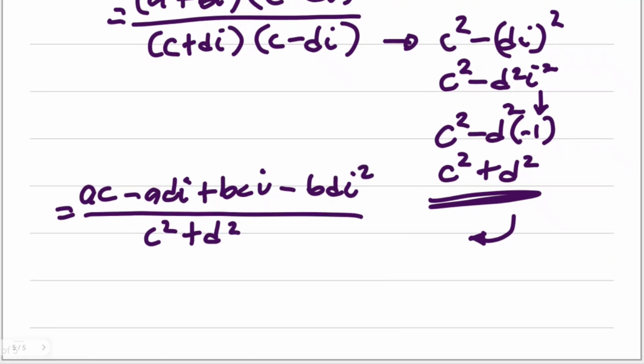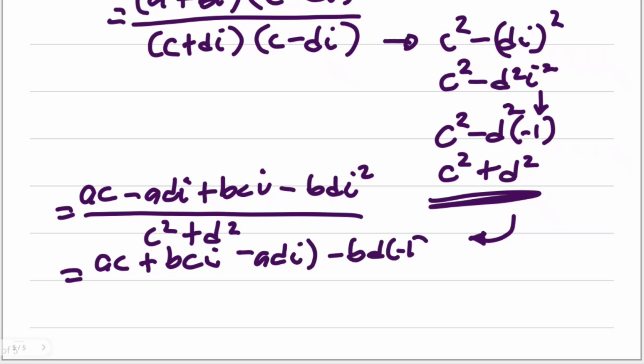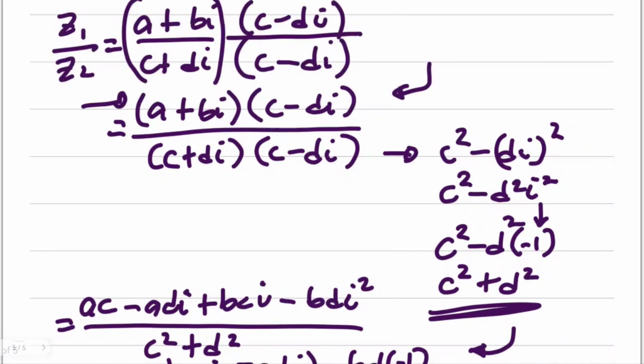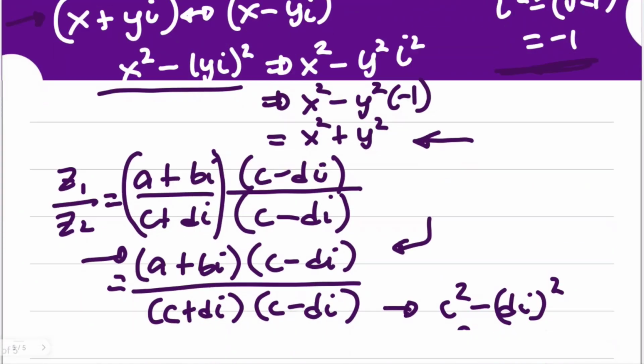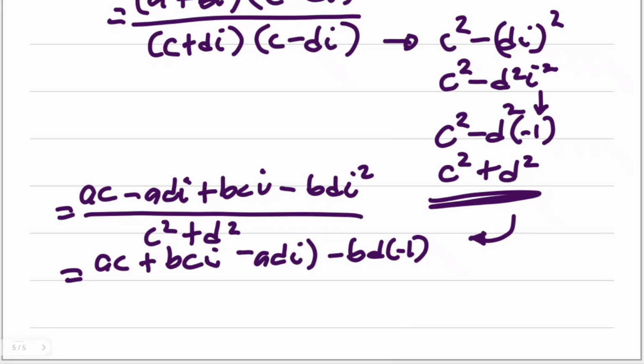So you will have ac. I'm just going to rearrange this first: bci minus adi, and again this is minus bd times negative 1, as mentioned, because that's the square of i. All of these are over c squared plus d squared.